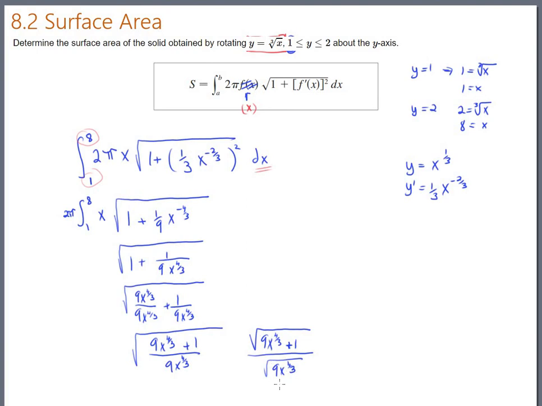But the one on the bottom where it's just a single term, I can take the square root of 9. I can take the square root of x to the 4/3. So I'm going to leave this stuff on the top and say the square root of 9x to the 4/3 plus 1, all over 3x to the 2/3.